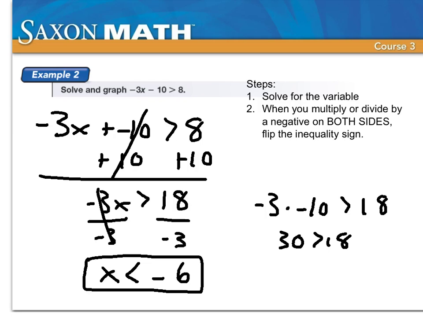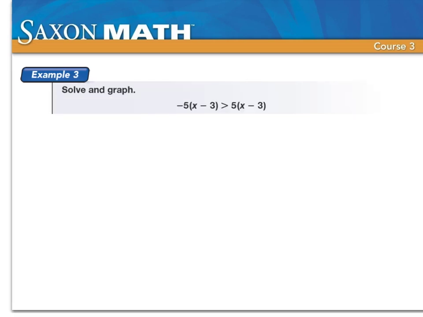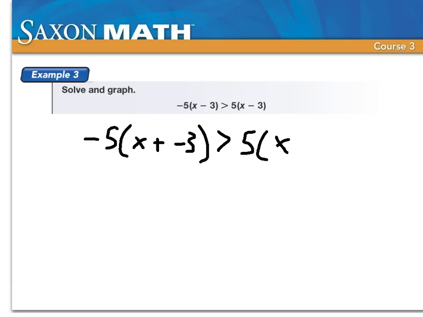Alright, let's go on to the next example. This one says to solve and graph. So again, first thing we're going to do is change any subtraction to addition. So I've got -5 times x plus -3 is greater than 5 times x plus -3. Now, first thing after that is parentheses.